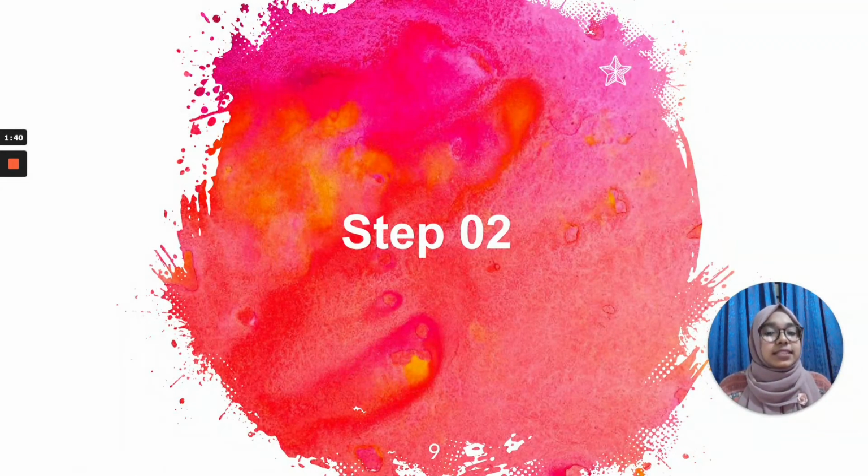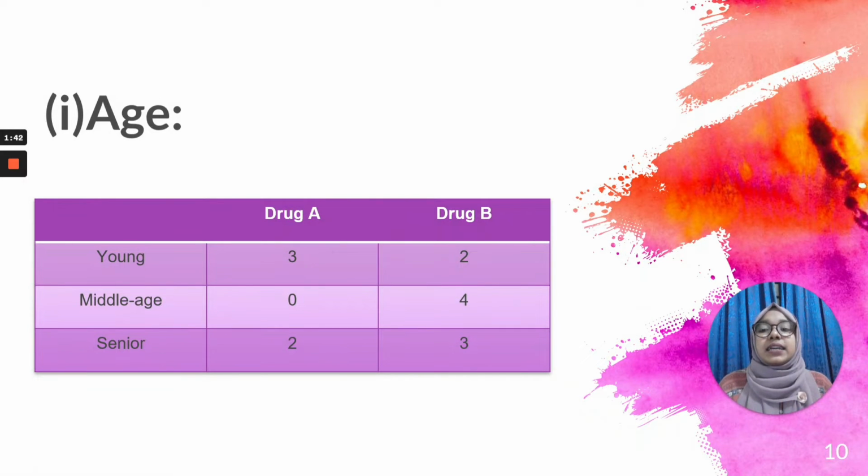Now go to the second step. In this step, we have to calculate the entropy of all attributes. So we have to make a table for all attributes. First of all, we take the attribute age and make a table. Age has various types: young, middle age, and senior.